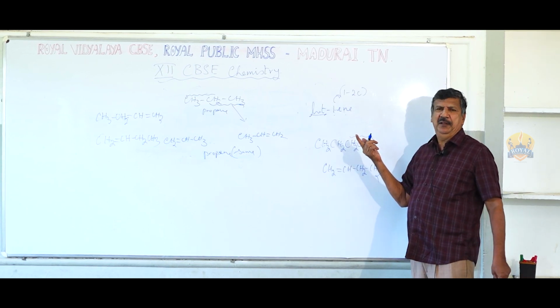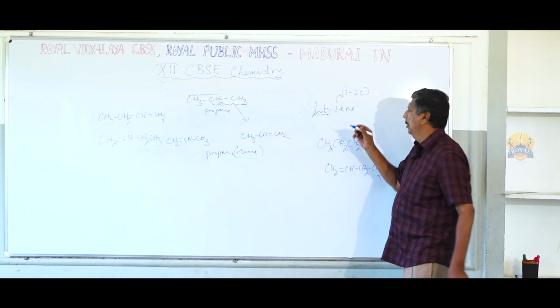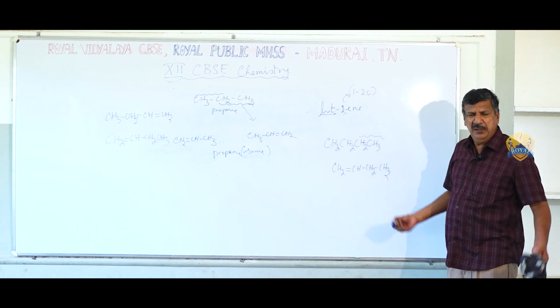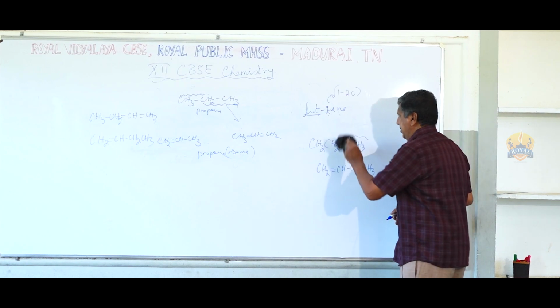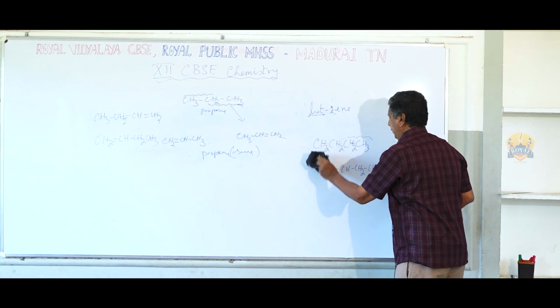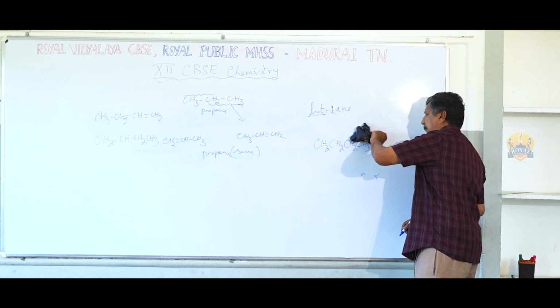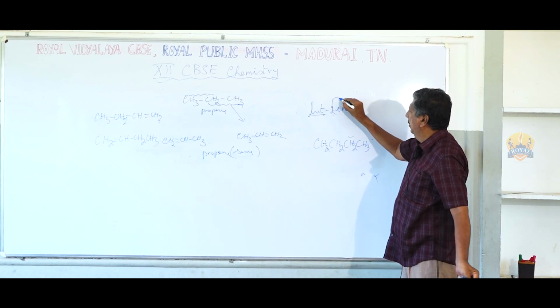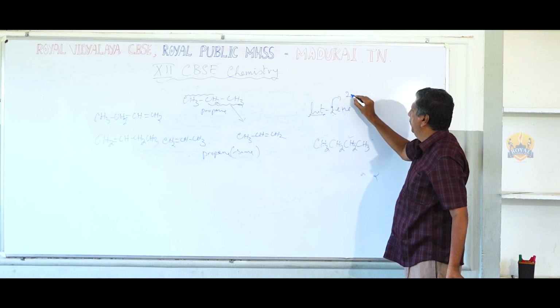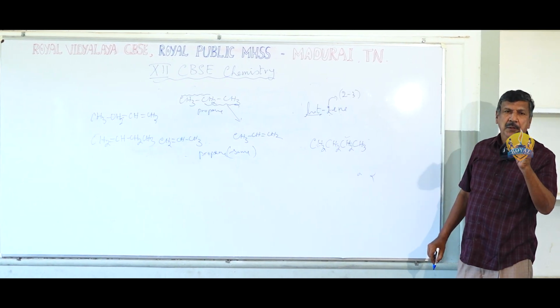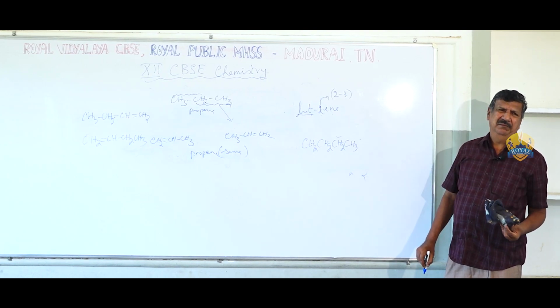Okay, somebody can ask me, sir, I want to know but-2-ene. What is meant by but-2-ene? Having the same 4 carbon, but 2 means the double bond is between 2 and 3.